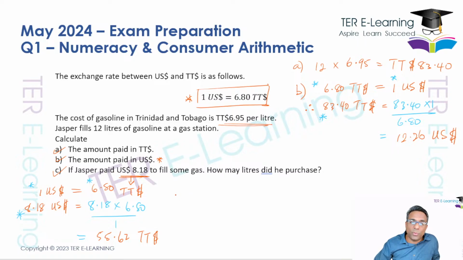So if you want to work out the number of liters, all we need to do is take that figure, that 55.62, and divide it by the cost per liter, which is $6.95 TT dollars.